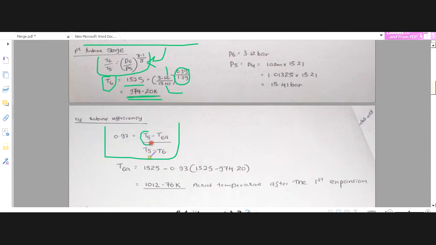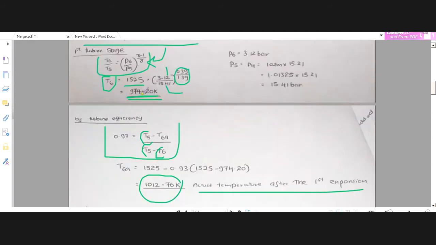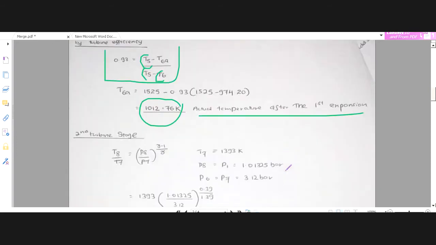T5 you know, T6 you know, so you can very easily evaluate T6a. That means the actual temperature after the first expansion. If it works perfectly it should end at 974. That means it doesn't reach 974, it ends before that, because it is starting at a higher temperature. I think that is also clear.